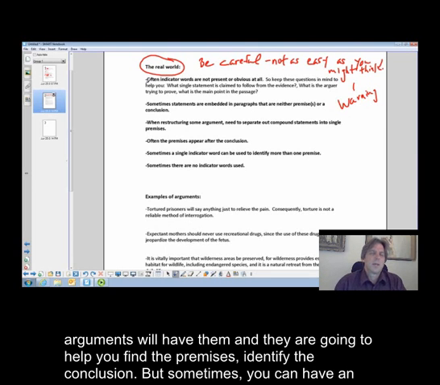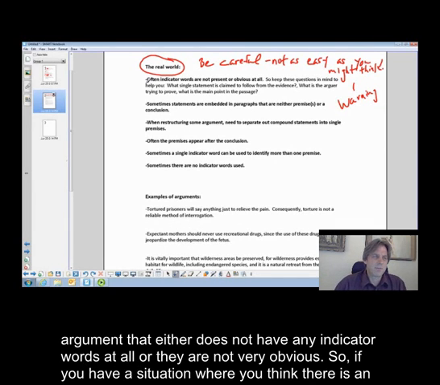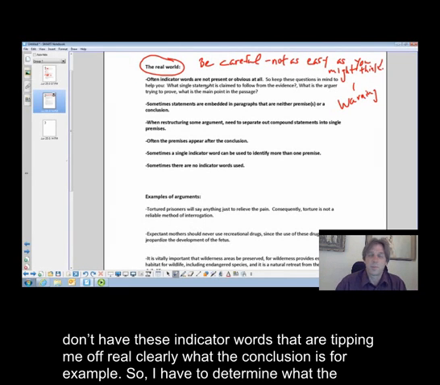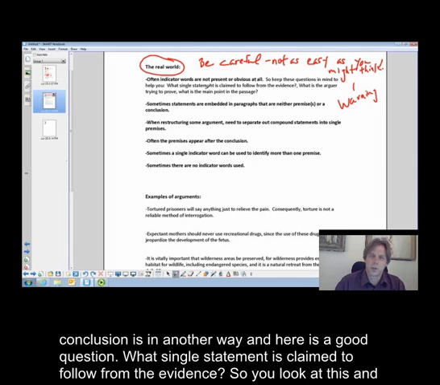But sometimes you can have an argument that either doesn't have any indicator words at all, or they're not very obvious, okay? So if you think there's an argument, but they're not using therefore or since or because, you want to keep certain questions in mind to help you. I don't have these indicator words that are tipping me off clearly what the conclusion is, for example. So I have to determine what the conclusion is in another way, and here's a good question.